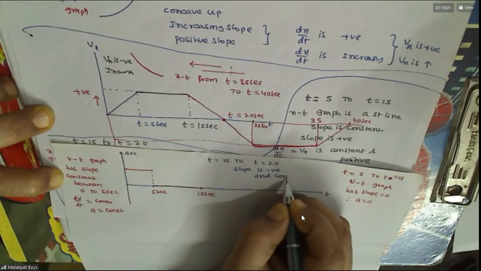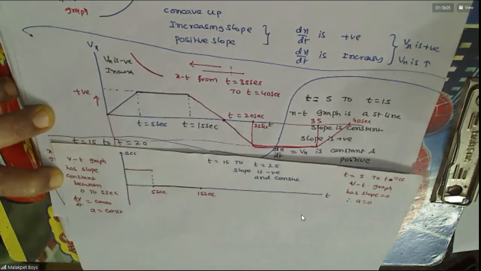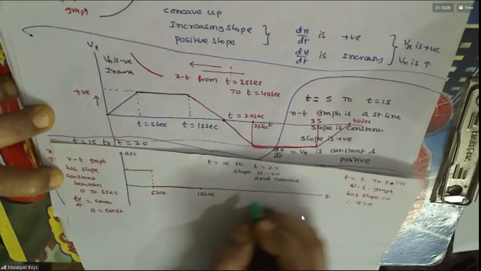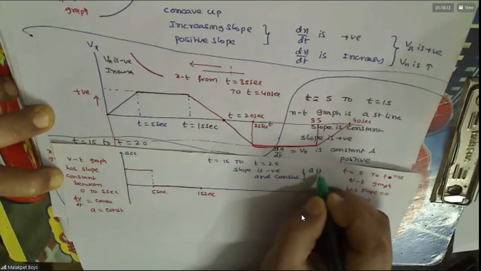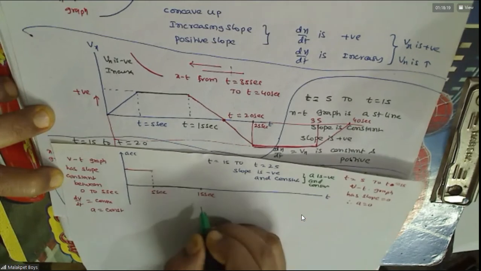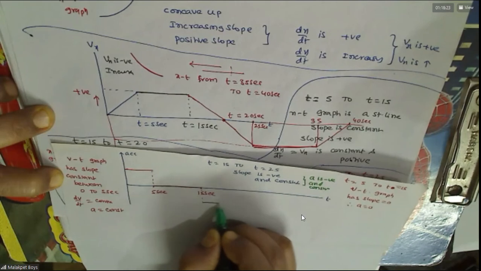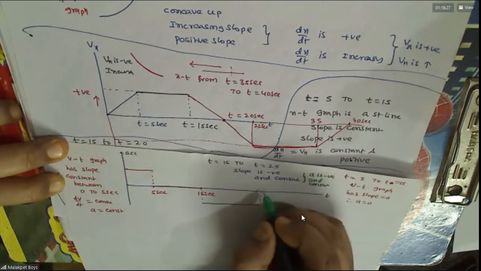Is it a continuous straight line or not? Yes, sir. So slope is negative means acceleration is negative. So from this, a is negative and constant. That means you can take from here to here, till 25 seconds.